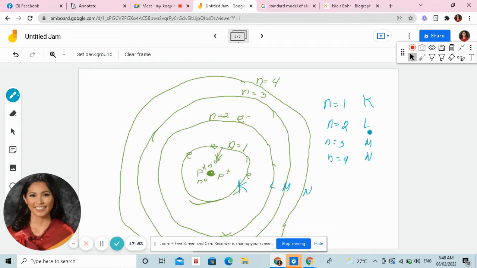Then we also have these subshells. Shell K has subshell S, shell L has subshells S and P, and shell M has subshells S, P, and D. And then we have N, which has S, P, D, F. Familiar?